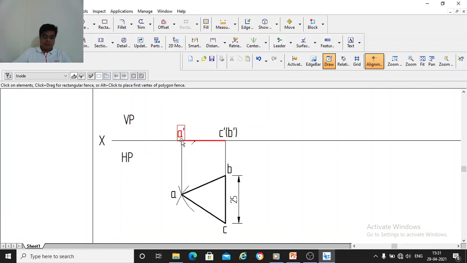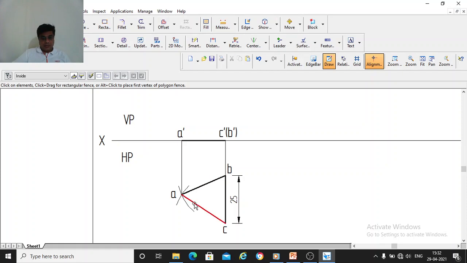Whatever angle the surface has with respect to HP will be seen in the front view. So the front view will be at 60 degrees to the HP.